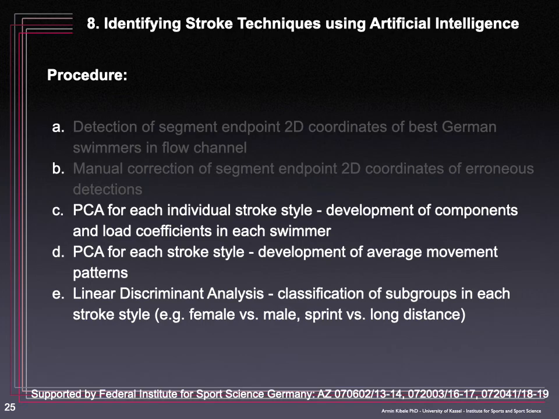In the next step, a principal component analysis was used to reduce the numerous coordinates of the swimmers' stroke movements across the individual poses to the most prominent technical movement characteristics detected by the main components of the PCA.